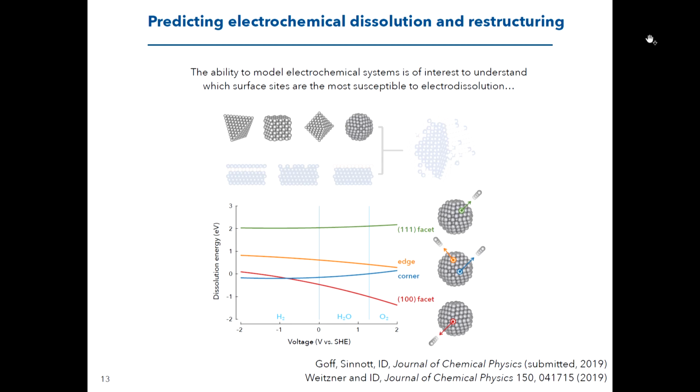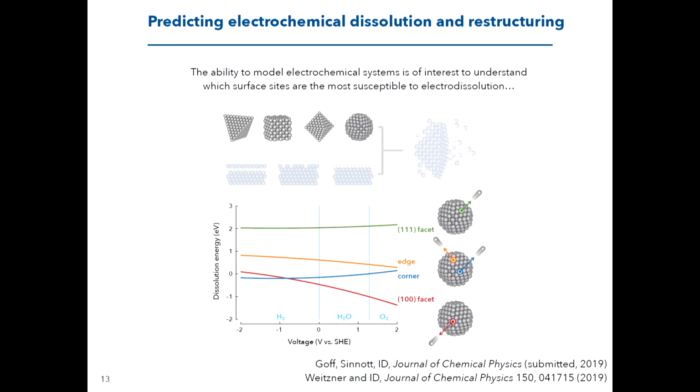We obtain here the dissolution energy as a function of the voltage, including this stabilization effect of the solvent. And what we realize is that, contrary to intuition, it's not necessarily the least coordinated site that is going to dissolve first.